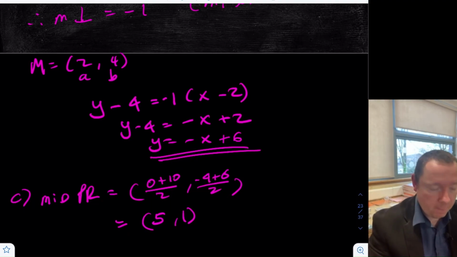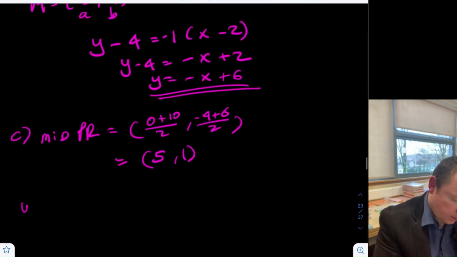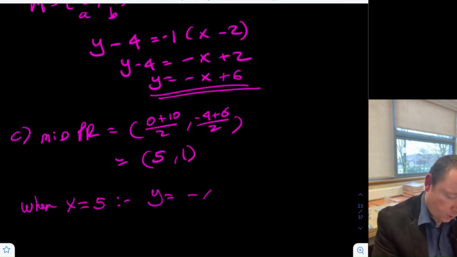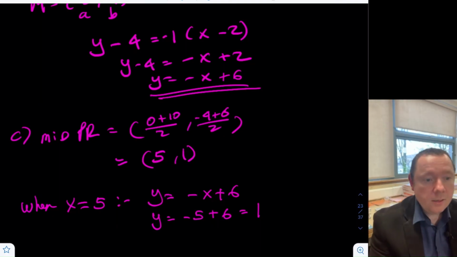So we might as well just substitute the x part in and see what we get for the y part. So when x equals 5, we've got y equals minus x plus 6. So y equals minus 5 plus 6, which equals 1.